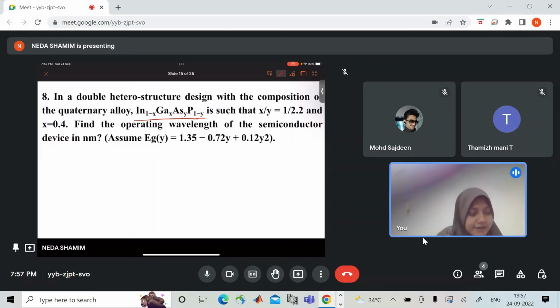So y percentage of arsenic, x percentage of gallium, 1 minus x percentage of indium, and 1 minus y percentage of phosphorus. We have been given the x by y ratio, and how much of this material we are adding is given.